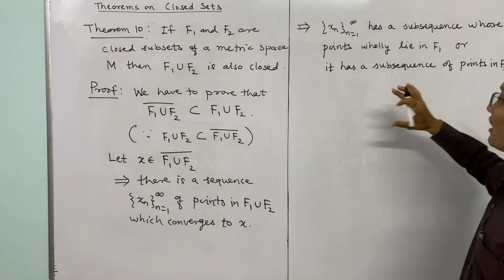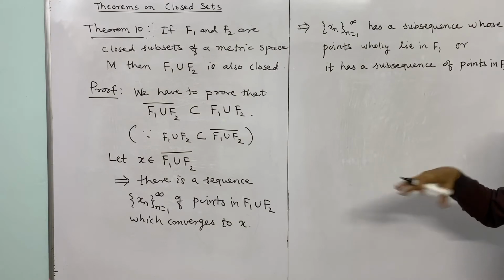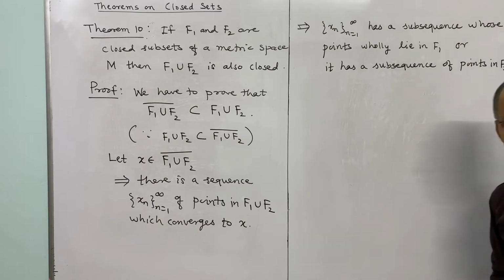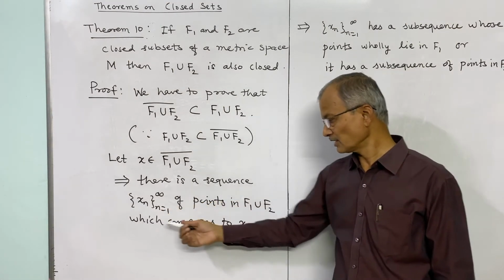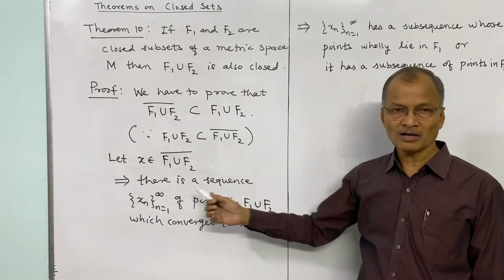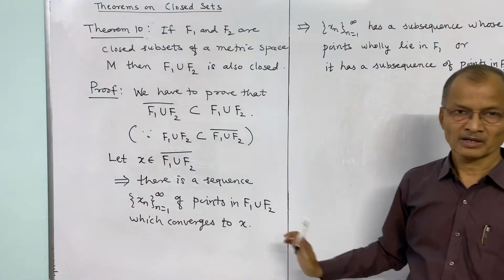And every subsequence converges to the same point as the sequence converges. We have a result from sequences: if Xn is a sequence that converges to X, then all its subsequences converge to X itself.